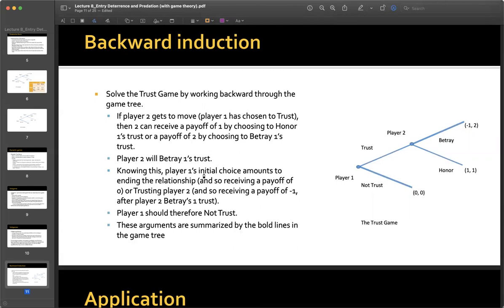So player 2 will betray player 1's trust. That is highlighted here as the dark line. If you can see, this is slightly heavier than this line. So this means that player 2 will use this one.